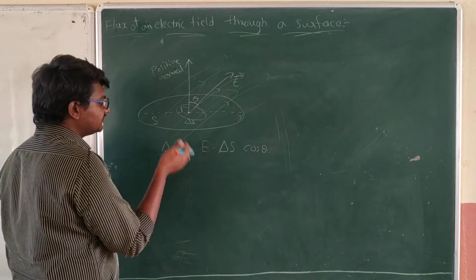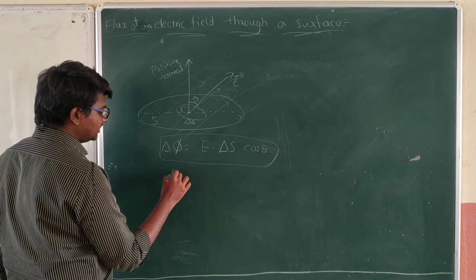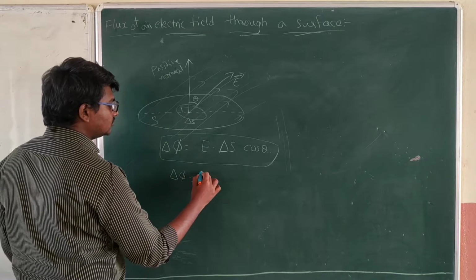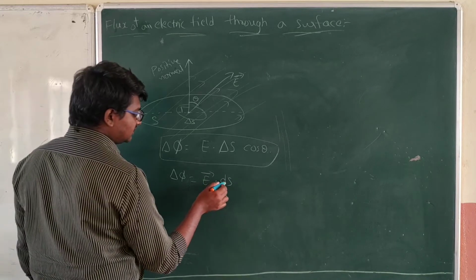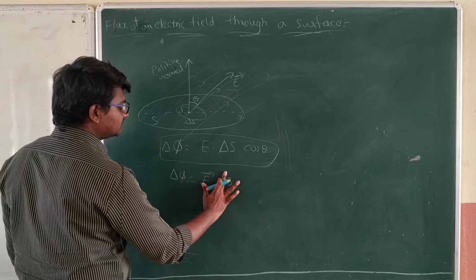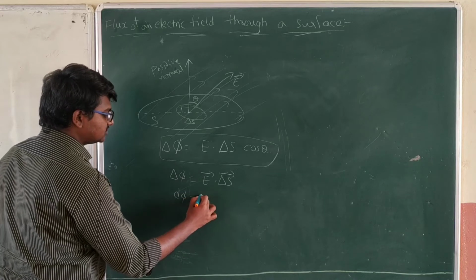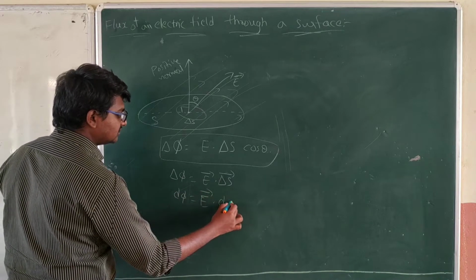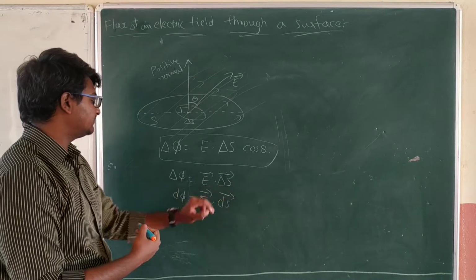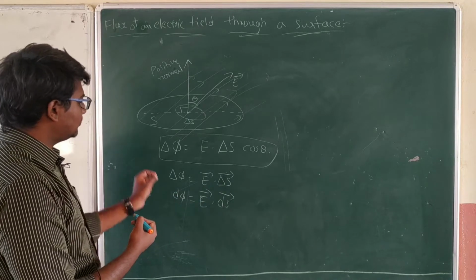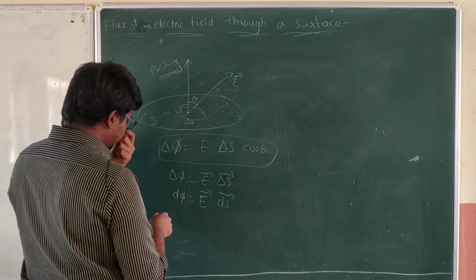Flux of an electric field through a surface is given by this equation, and now we can simplify it: delta phi is equal to E bar dot delta S. In the form of integration, d phi and delta phi: delta phi means change in the flux, d phi means very small, ds means very small area, and a very small change in flux for that particular area.